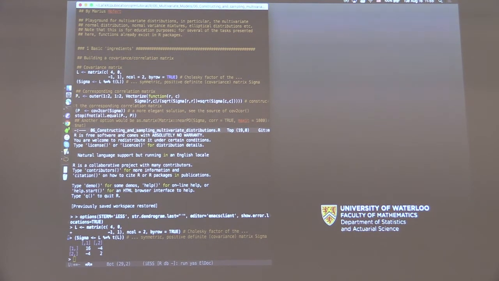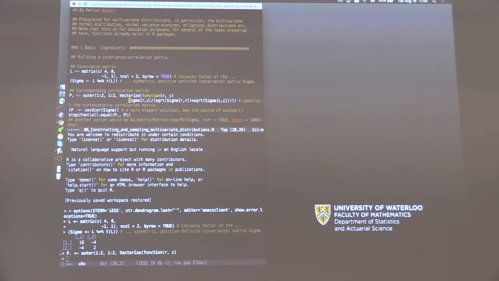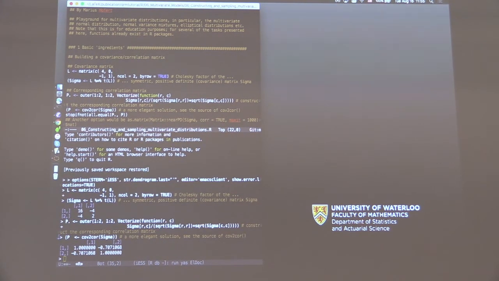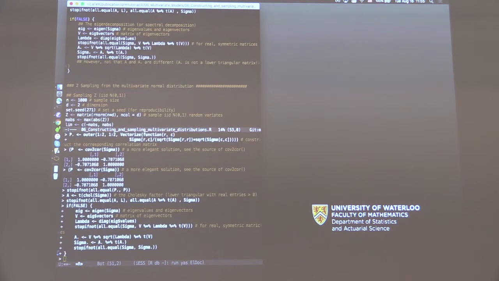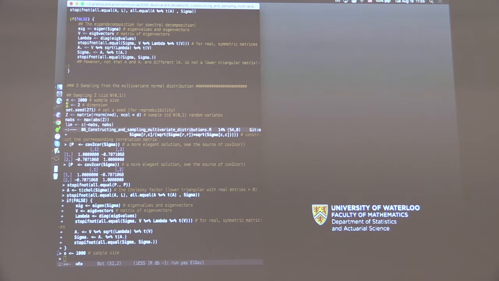So you start with the Cholesky factor, and you go to the correlation matrix and back. So you can execute that. There's also a function for getting the correlation matrix from a covariance matrix. I do that manually, and I do that with a function in R, and so on. So this is not so important for us. I look at other decompositions as well here. But here the magic starts. Here we start with the multivariate normal. So I want to have 1,000 samples.